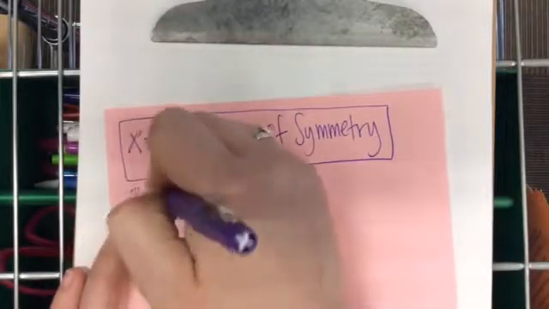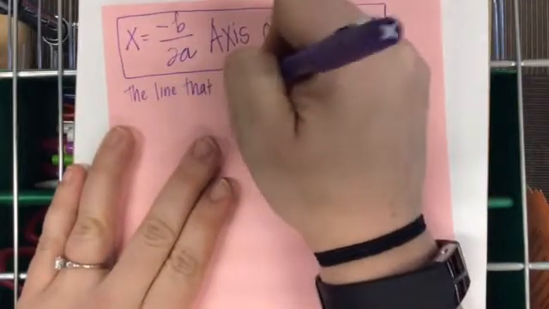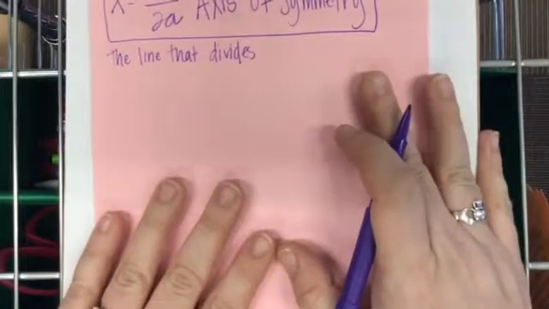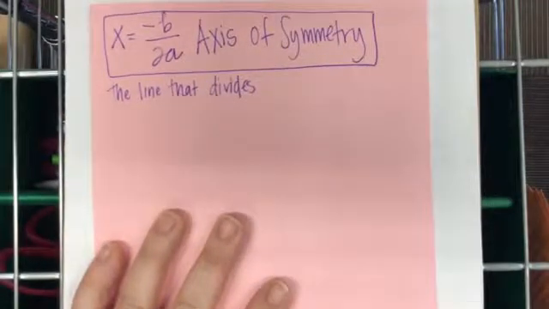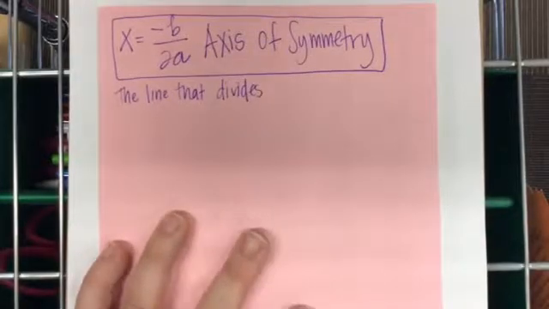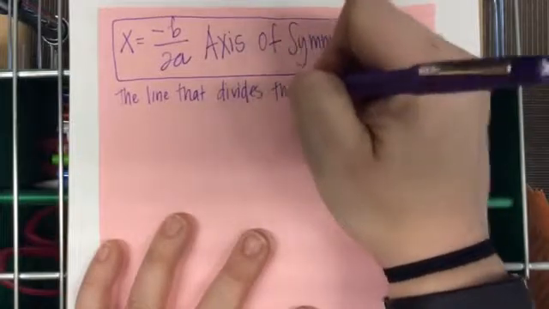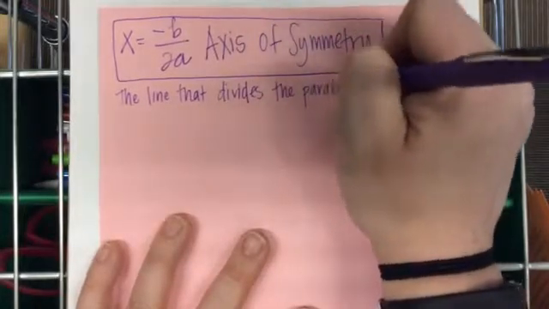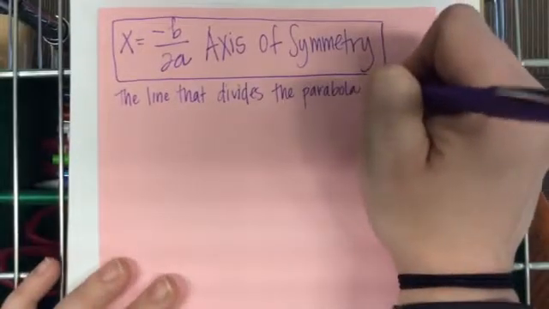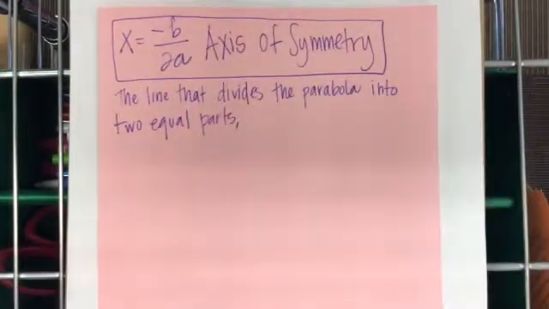It's the line that divides the parabola into two equal parts.